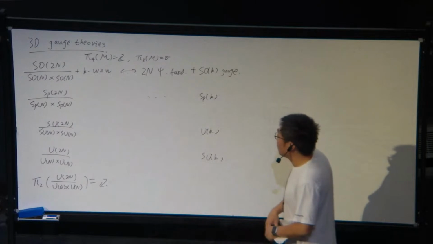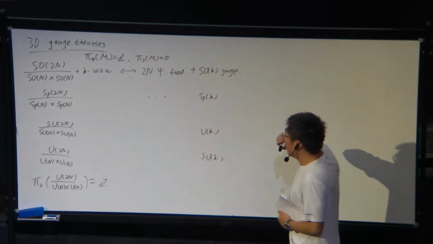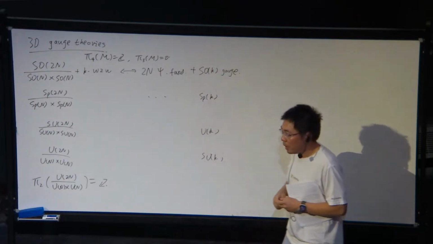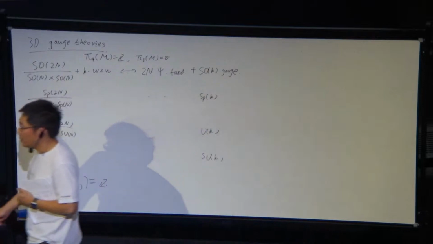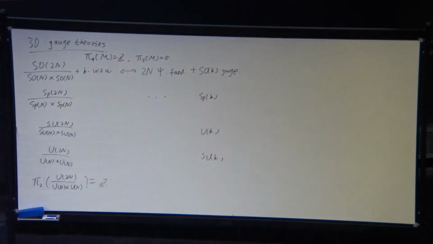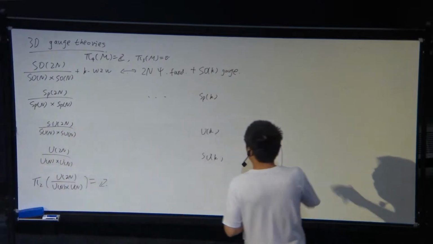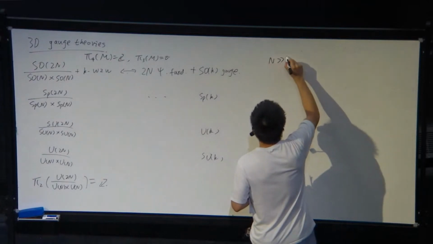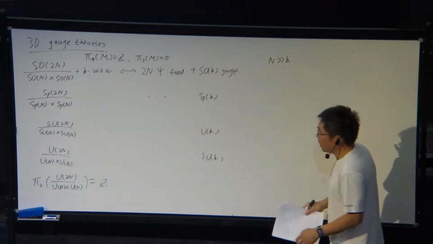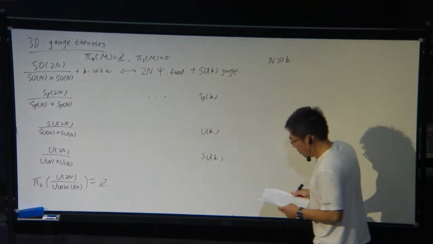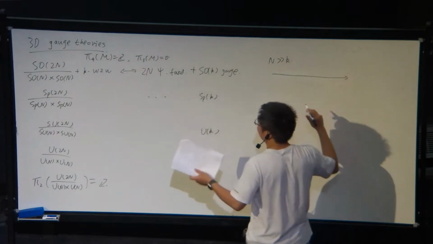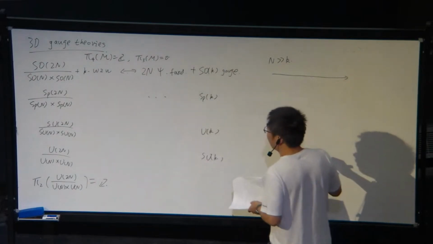Okay, so from the gauge theory side, we kind of know what should happen, right? For example, for the phase diagram that I drew here, we know what the phase diagram looks like for gauge theories. If my flavor number is much larger than my rank, then I can get a non-trivial conformal fixed point.